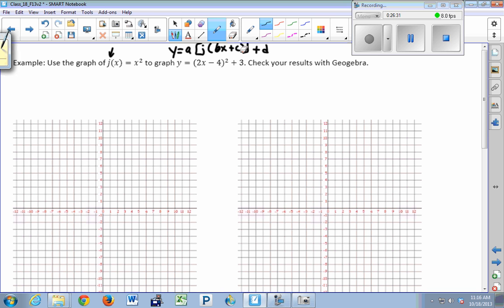So can someone tell me the values, or any one you want, any one of these values, can you pluck out from our transform function what A, B, C, or D is? Just pick one and tell me what that value would be. What would D be here? Or what would C be? Or what would B be? Or what would A be? Just find whatever one's easier for you.